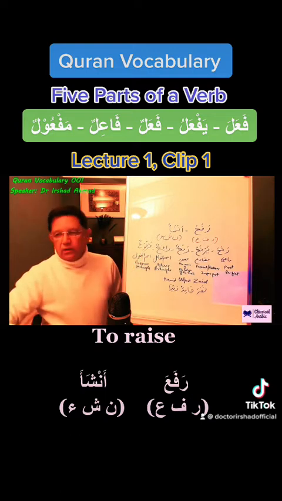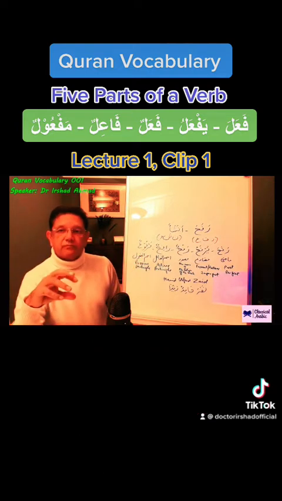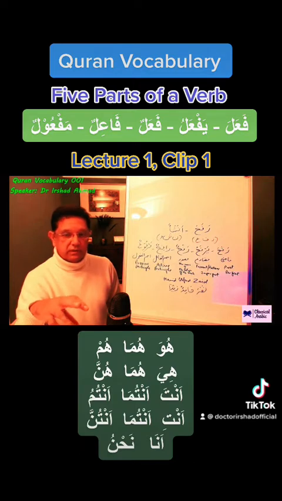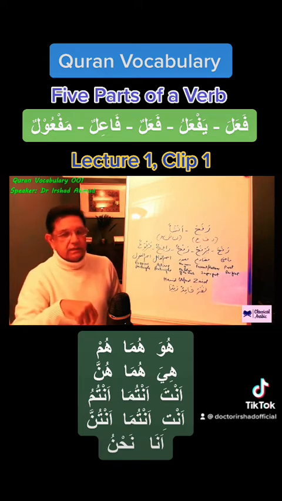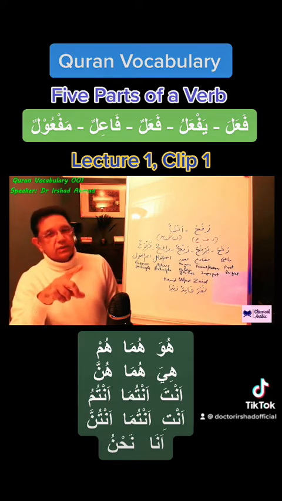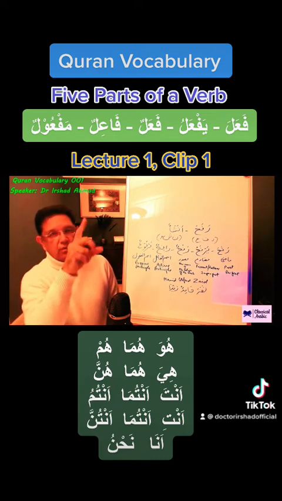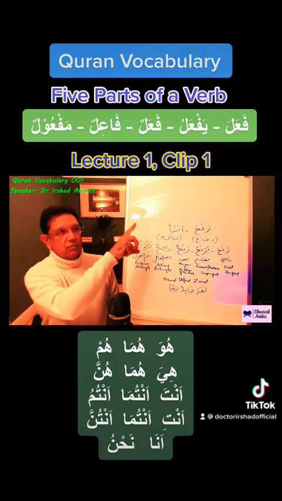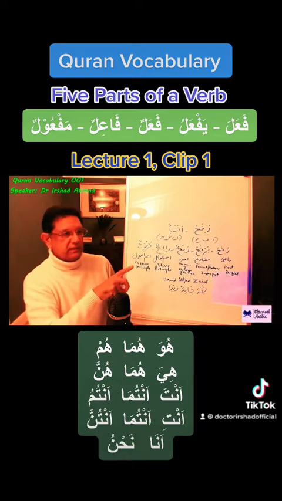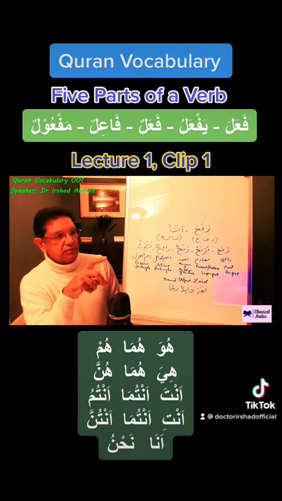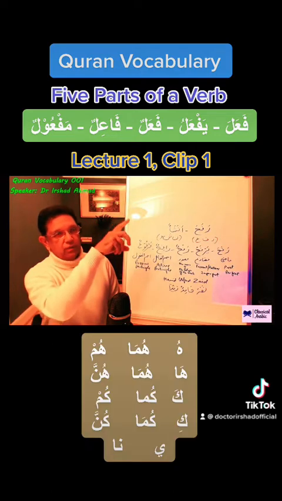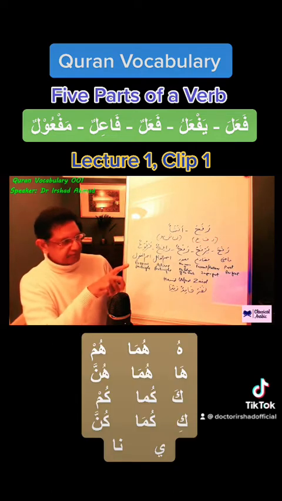So now that we are familiar with our two charts of Arabic pronouns, if you remember, we start from the third person, then the second person, and then the first person, and from the third person we start with the first six forms: huwa, huma, hum, hiya, huma, hunna. And on the other side, the dhamir which are used as mansoob and majroor, we have hu, huma, hum, ha, huma, hunna.